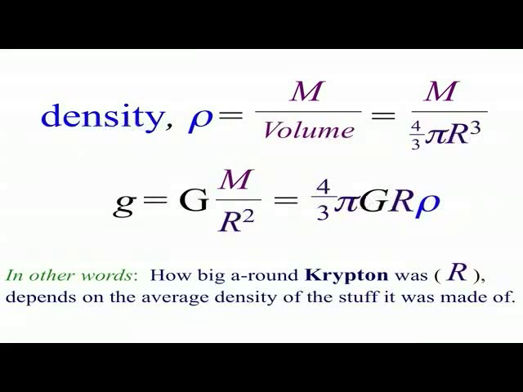The r cubed at the top mostly cancels with two of the factors of r at the bottom, and I get this expression, that the force of g on a planet's surface depends upon, round planet, 4/3 pi G r rho, its density. In other words, how big around the planet Krypton needs to be depends upon the density of the stuff that it's made out of.